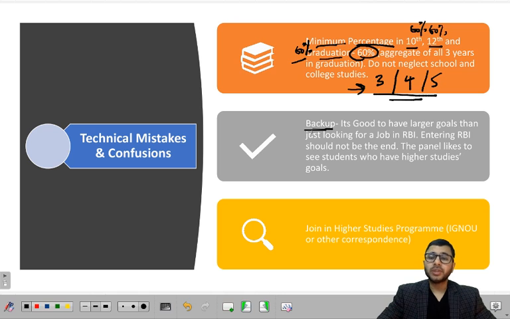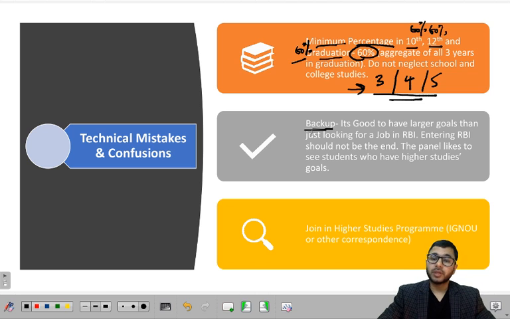Okay, so it's always better to have larger goals than just looking for a job in RBI or in any other organization. So when you're looking for a backup, think about it well, ask yourself the question, do I really like to do this? Can I do this for a consistent period of time, for a significant period of time, or not?